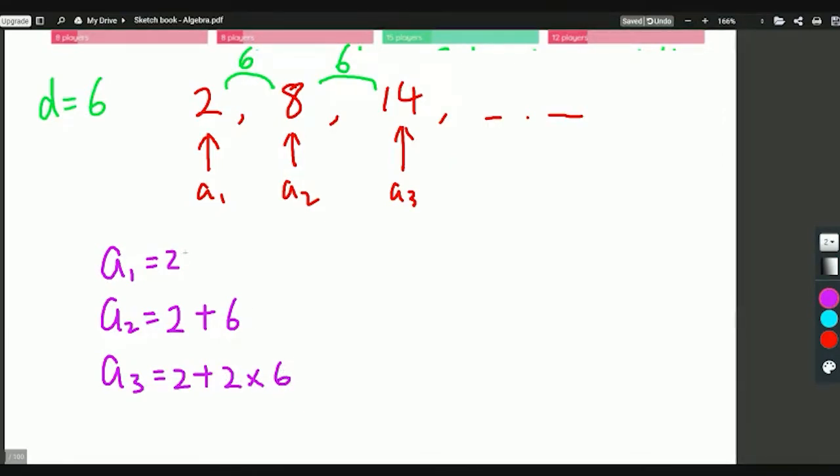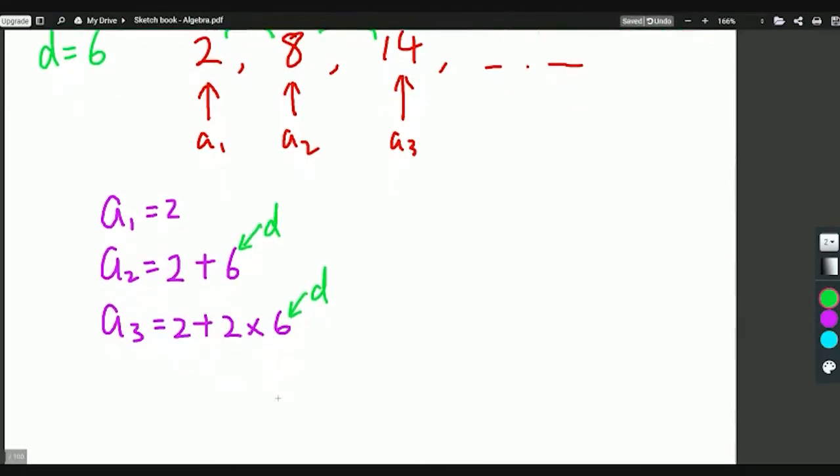So I hope you can see here, this 6 I'm adding, this is the D, the common difference. And as I go on, A4 will be 2 plus 3 times 6.